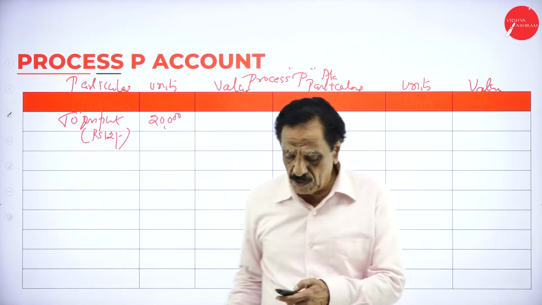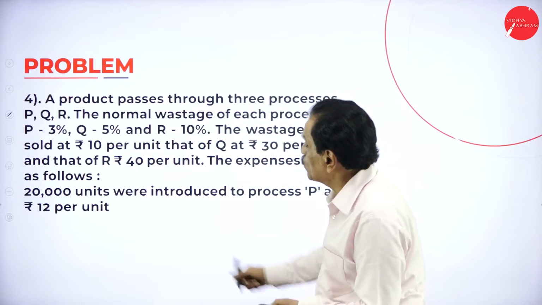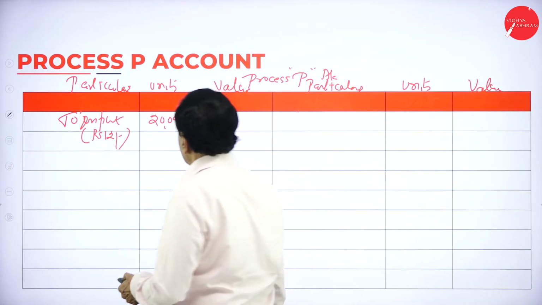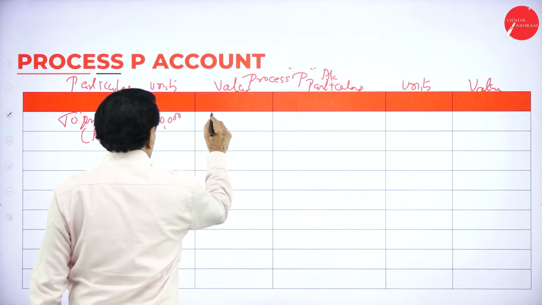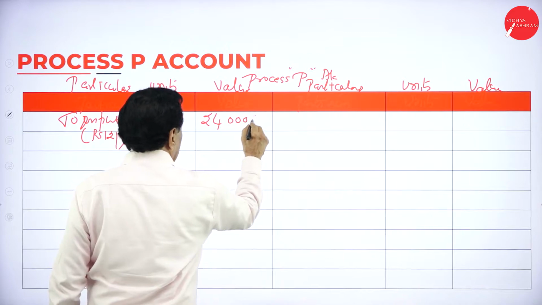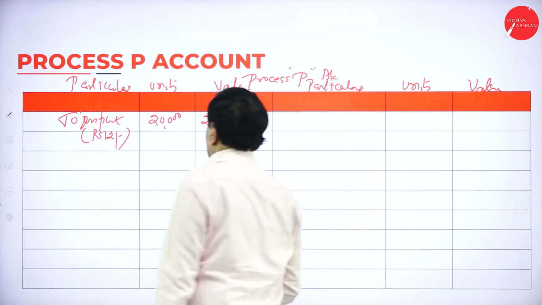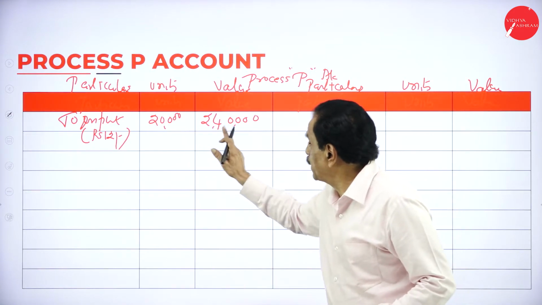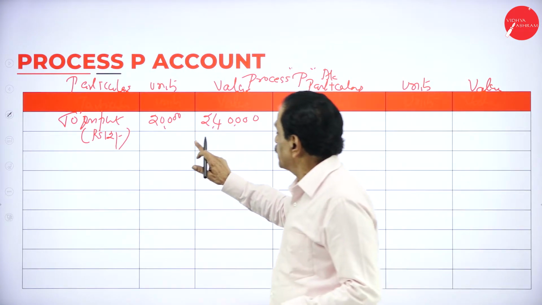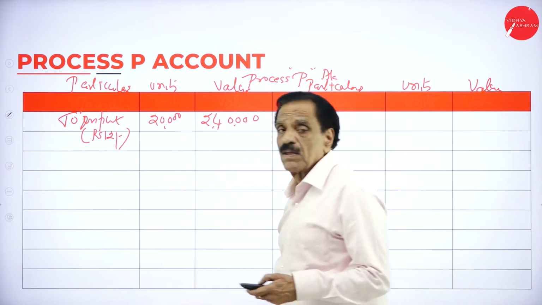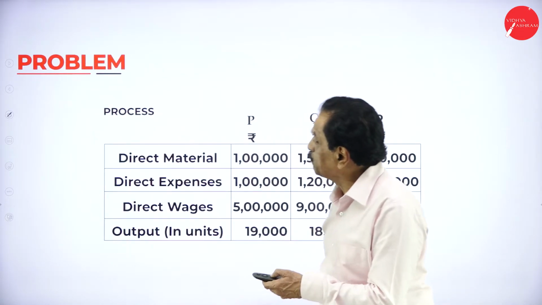What does the problem say now? 20,000 units were introduced at rupees 12 per unit. So 12 twos are 24, followed by 40. So 2,40,000. So this is an expenditure. 20,000 into 12, so 2,40,000 expenditure.